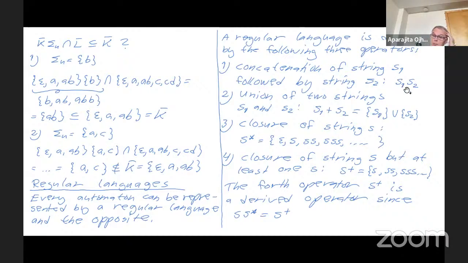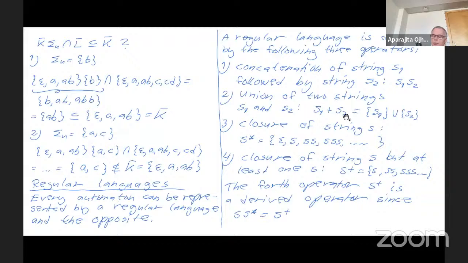That can always be performed in a regular language. You can also take the union between 2 strings in the regular language. If you have one string S1 and another string S2, and you combine those 2 and take the union, then you still have a regular language. In regular language, there is a specific operator for this. There we don't write union, we write plus instead.